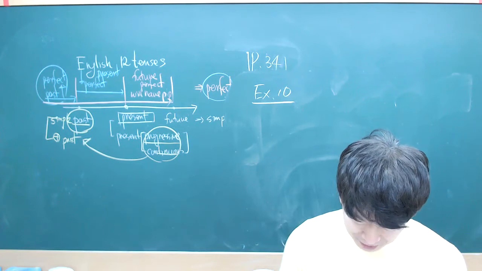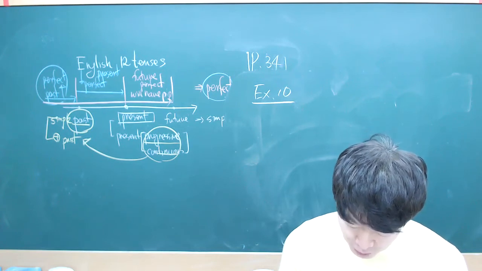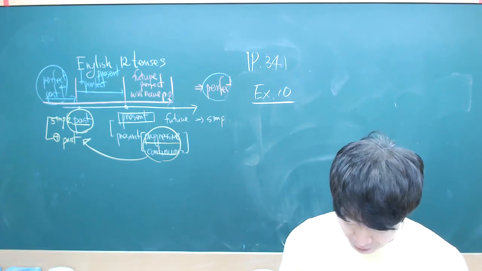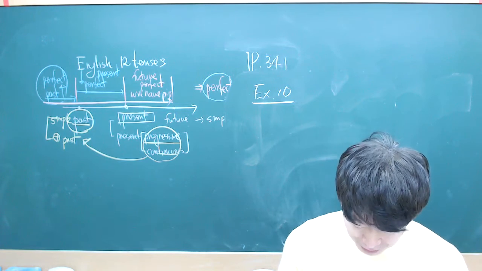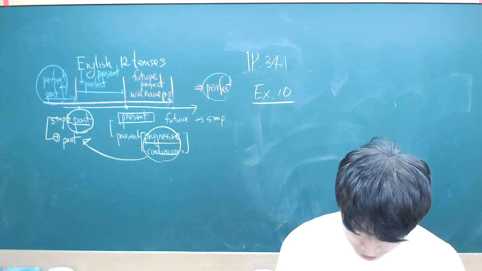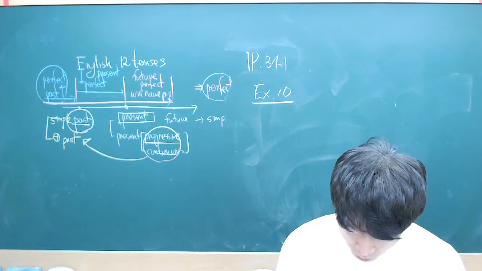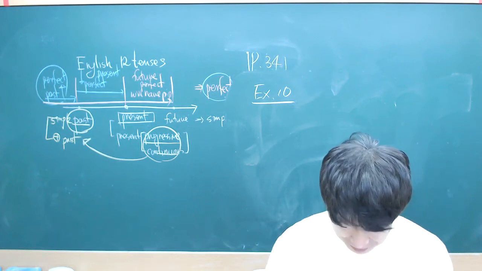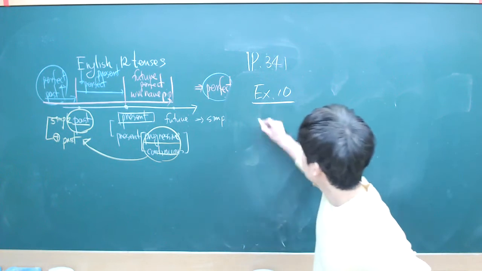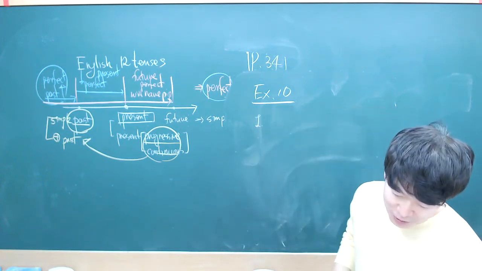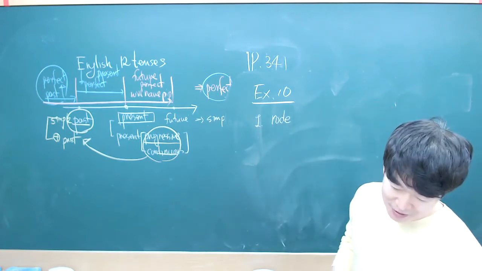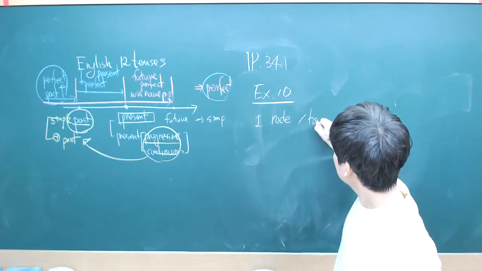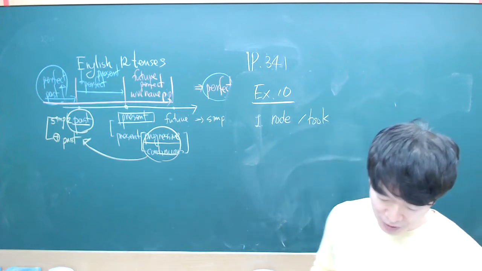Walked, simple past. Rebecca drove her car. Oh, drove is the irregular form of the verb. Olga rode her bicycle, R-O-D-E. Yoko took the bus. So for question 1, Olga rode the bicycle, Yoko took the bus.